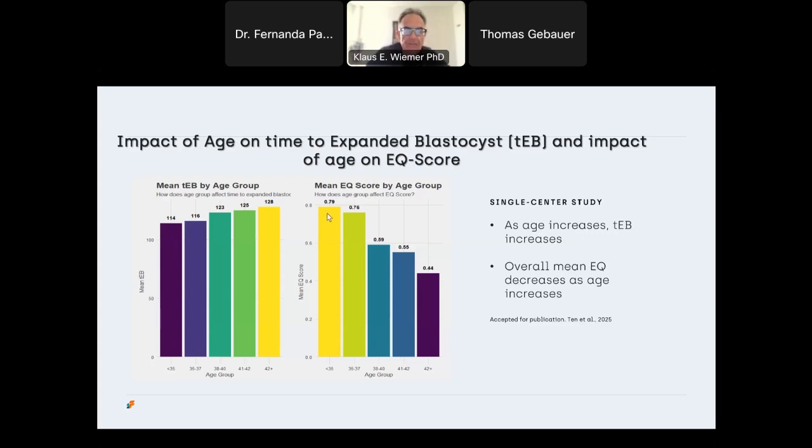And we can also see that the EQ scores of these resulting embryos are impacted. And so that's why often the quality of these embryos from these older patients isn't the same as their 35-year-old counterparts. But we can clearly see here that the effect of age is prevalent and evident, especially during the period of blastocyst formation.